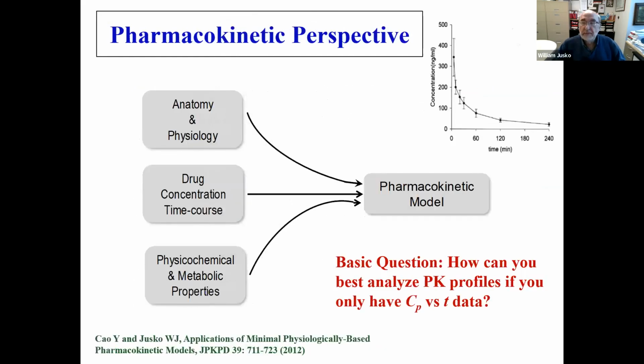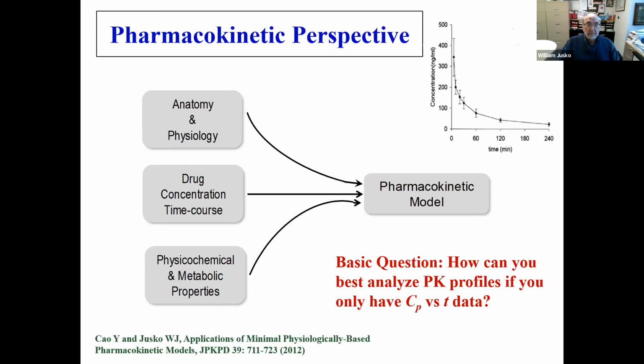Okay, a pharmacokinetics perspective. You see some data at the top right, concentration versus time profiles. There are various perspectives in considering such pharmacokinetic data. Of course, the drug concentration time course is what we see, but we would like to appreciate how the data relates to the anatomy and physiology of the subjects, and also take into account the physicochemical and metabolic properties of the drug.